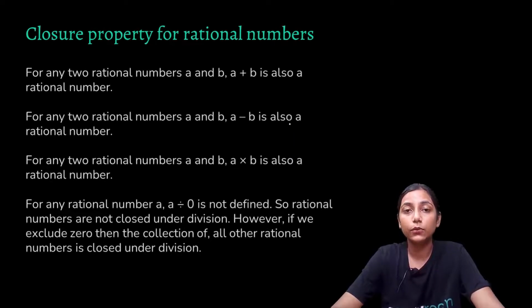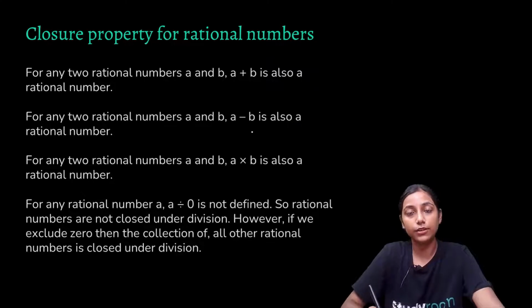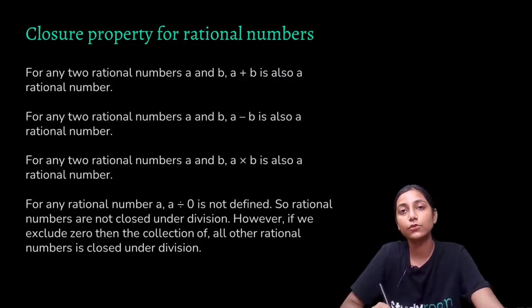Then we concluded that if a and b are two rational numbers, a plus b is a rational number, a minus b is also a rational number, a multiplied by b is also a rational number. But if we divide a rational number a by 0, we'll get a by 0, which is not defined, because here q equals 0.